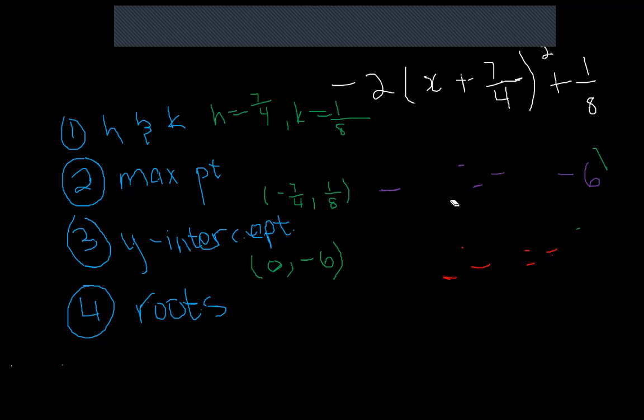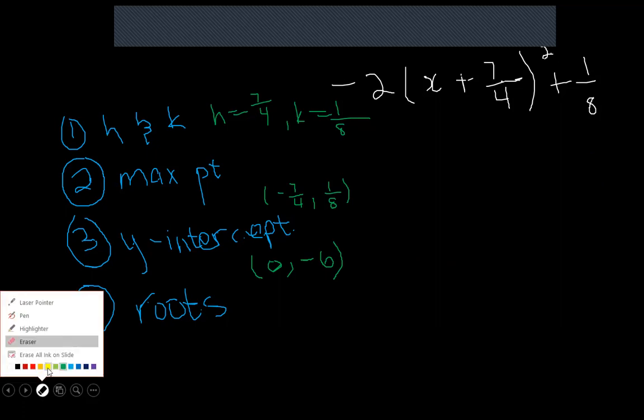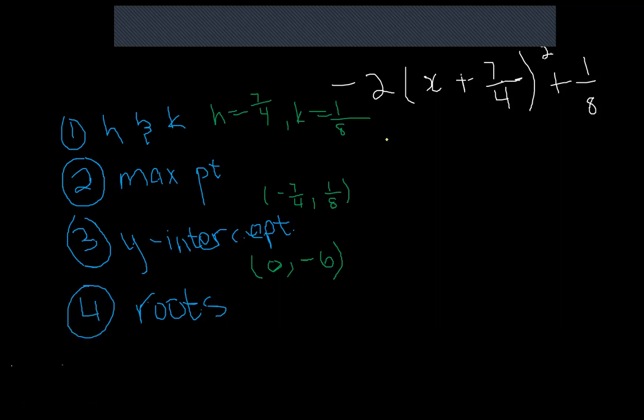Roots. We said to find the roots, what I'm going to do is put this completed square form equal to 0 and solve using, well, algebra, right? Let me use orange. So this is my completed square form: minus 2 times (x plus 7/4) squared plus 1 and 8.